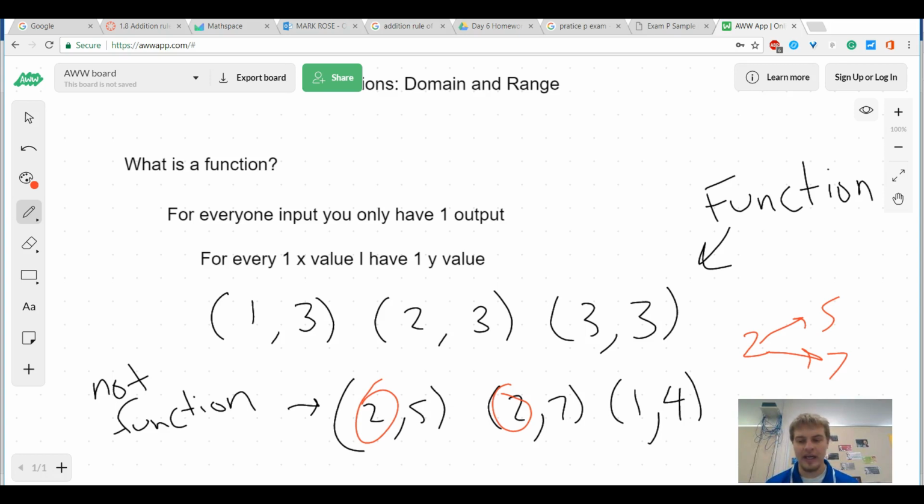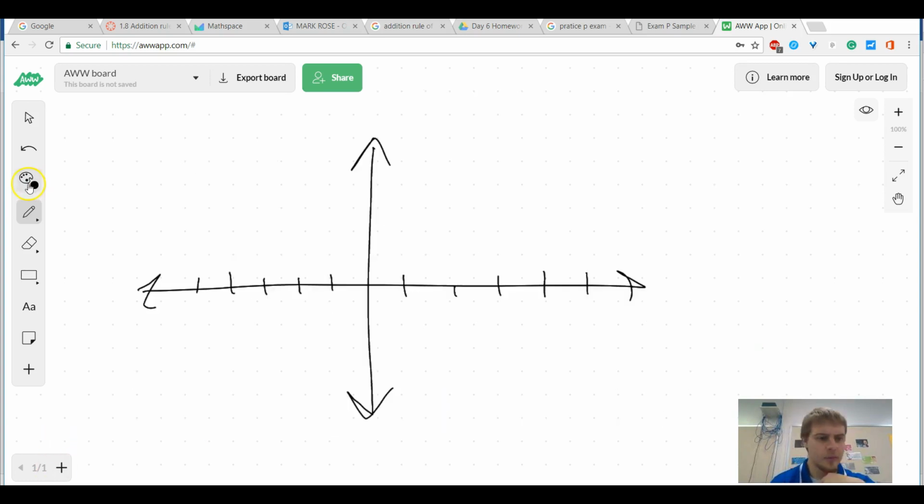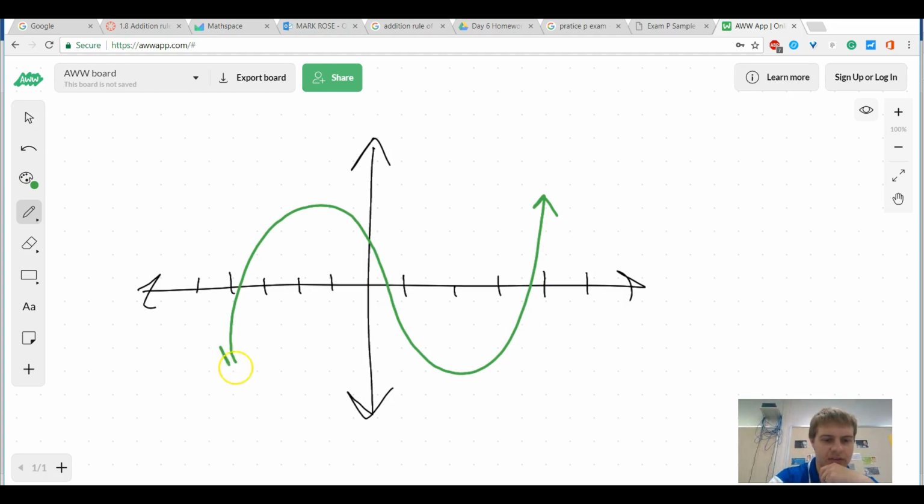So let's look at what this would look like on a graph. Let's say I have this grid here, and we're going to have a graph that looks like this, and ask if this is a function or not. If this is a function, that means for every x we have one y. Well, let's check that out because these are my x. That's one y. That's one y. There's one y.